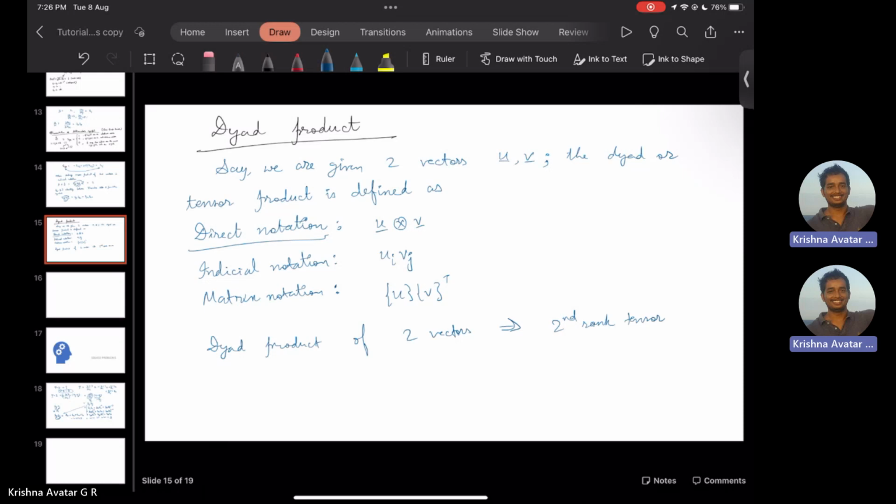In our scenario we call a second rank tensor a tensor and a first rank tensor a vector in our studies here. So if you have two vectors and take their dyad product, you are increasing the number of indices of the resultant quantity, right? That's why we often call this also the tensor product.